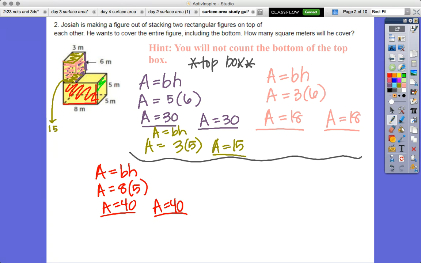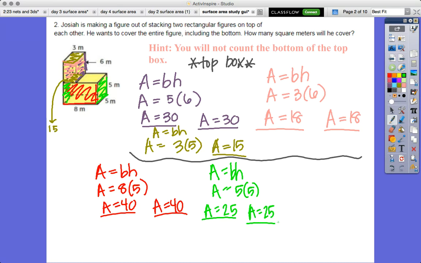Now let's do the side length. So this side length and this side length over here are going to be the same. Once again, I'm going to use area equals base times height. The base is 5 and the height is 5. 5 times 5 gives me 25. And I have 2 of those, so I'm going to write that twice.